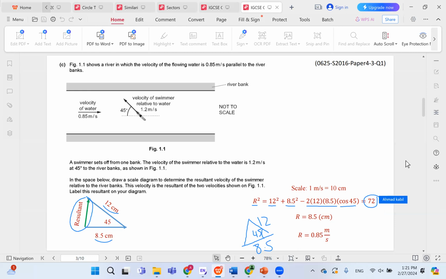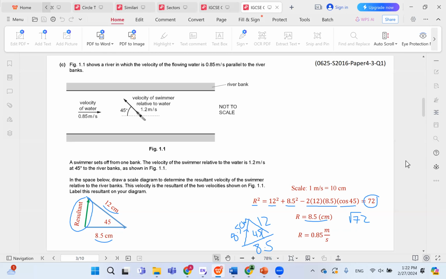Then you take the square root of 72 and you would get 8.5. Now, if you measure this with your ruler and you have an accurate drawing, it should give you 8.5 centimeters. However, if you're not sure, you can use the cosine rule.